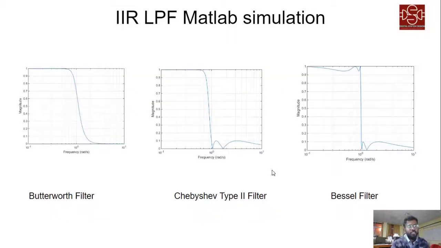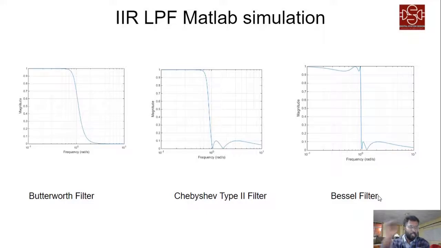Here the Matlab simulations of three IIR low pass filters are presented. First is the Butterworth filter's output, next is the Chebyshev type 2 filter's output, and next is the Bessel filter's output. You can see that all the filters show low pass filter outputs, but there are slight differences between each filter.